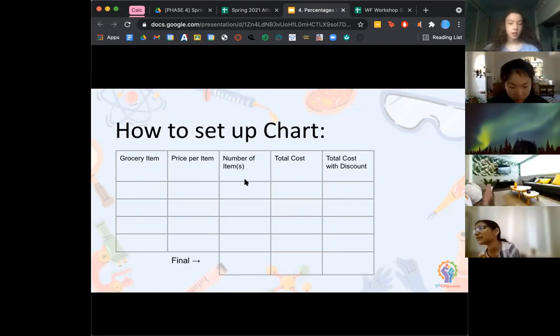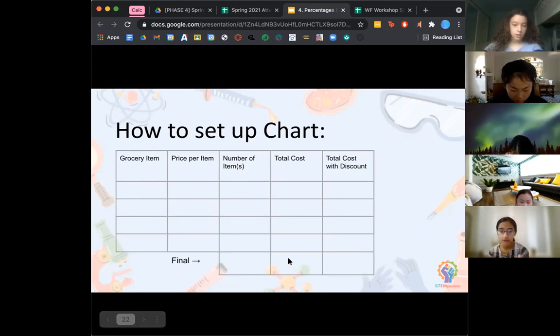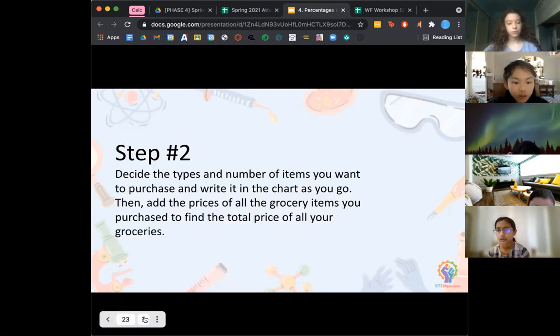Then you add up all, like let's say you have 10 water bottles and 2 blueberries, then you would have 12 total items here, and then you would add up the total costs here, and then add up the total cost with discount here once you filled out everything. Okay, good question.